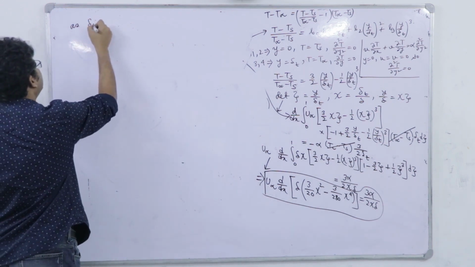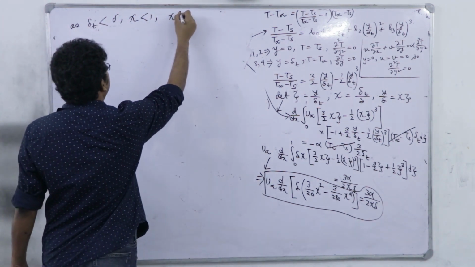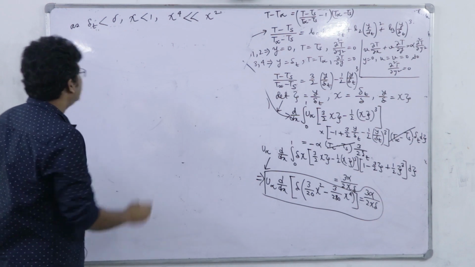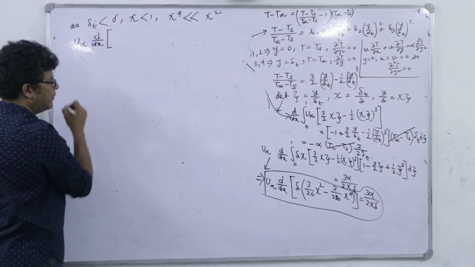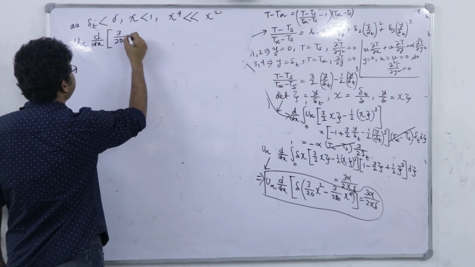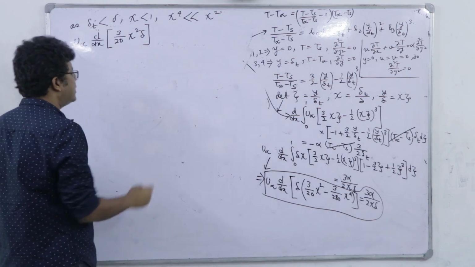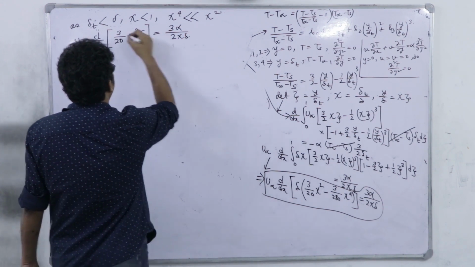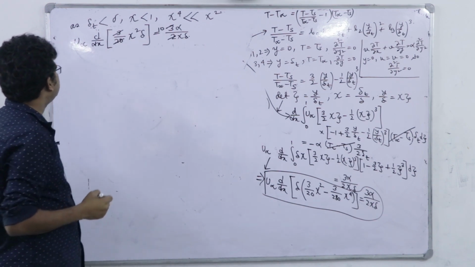So, as delta T is less than delta, chi is less than 1. So, chi to the power 4 is much smaller than chi square. So, it dropped the second term and got this expression that u infinity into d dx of 3 by 20 chi square into delta, 3 by 20 chi square into delta is equal to 3 alpha divided by 2 chi delta. So, this 3 cancels out, 20 and 2 cancels out, giving a 10 here, right.